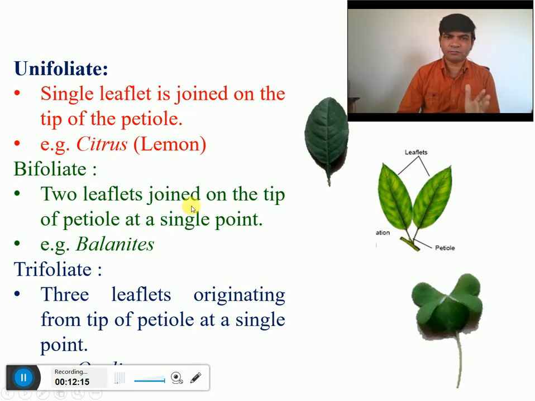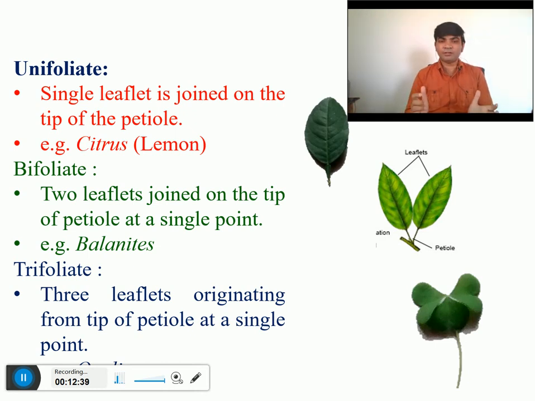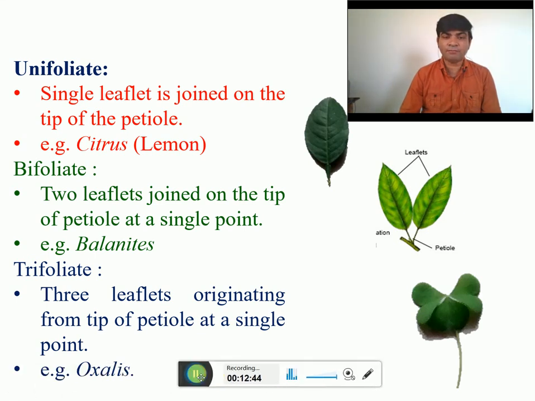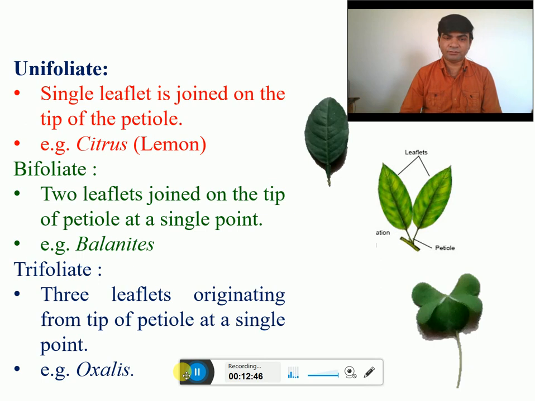Another one is the bifoliate. Two leaflets are joined at a single point at the tip of the petiole, that is called a bifoliate palmately compound leaf. The third type is the trifoliate palmately compound leaf. Three leaflets originate from the tip of the petiole at a single point. The example is oxalis.